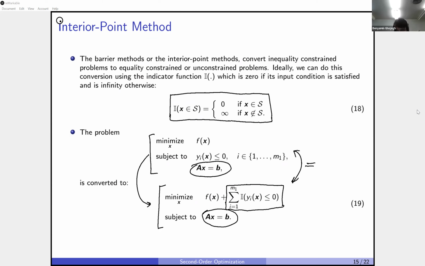However, we'll see that if we have to approximate the indicator function, then it becomes an approximation. Because of coding, we might need to approximate it. So if for all of them this is satisfied, then this becomes 0. If at least for one of the inequality constraints this is not satisfied, the whole thing blows up. Because if one term in the summation becomes infinity, we don't care anymore. The whole thing blows up, right?